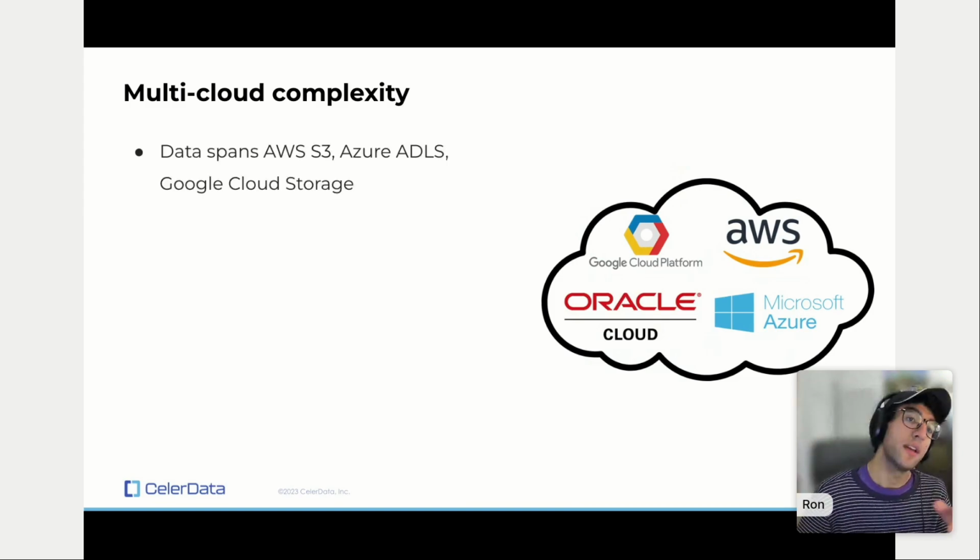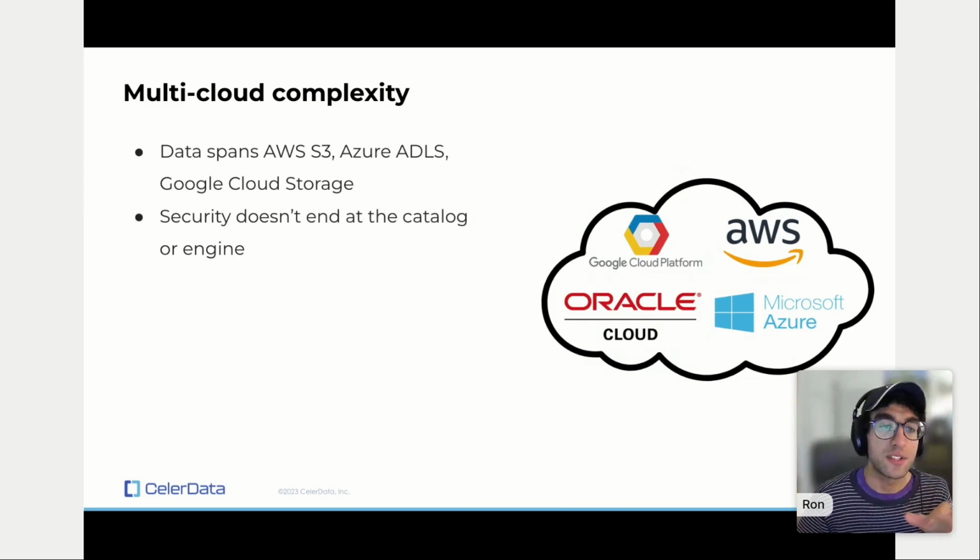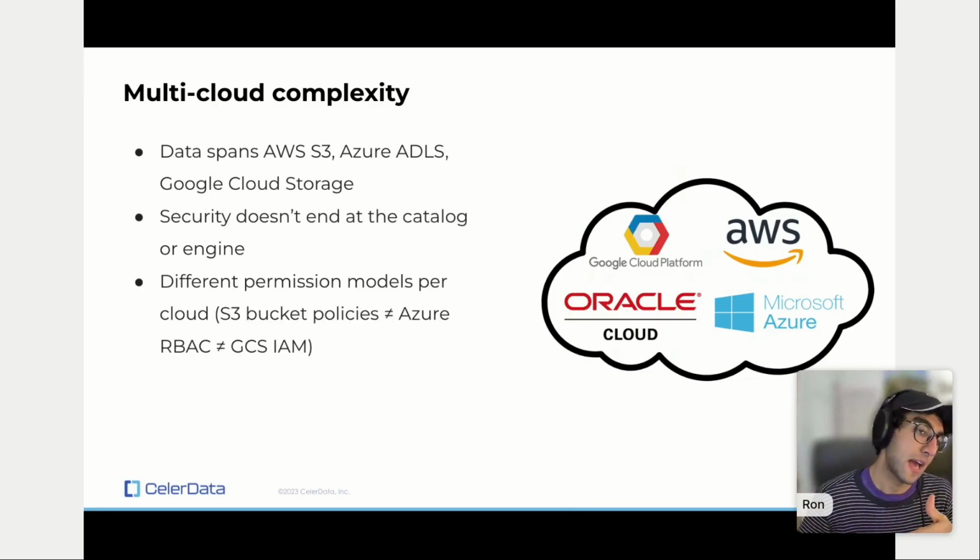With data spanning across these different things, the security doesn't end at the catalog or engine. I briefly discussed this before, but you have multi-layer security. You have the security in the cloud, your permission system there, whatever your cloud provider is using, but you also have the catalog level. And different permission models can clash sometimes. Not everything is universal. As with the example here, S3 bucket policy is not the same thing as Azure RBAC, nor is it the same as GCS IAM.